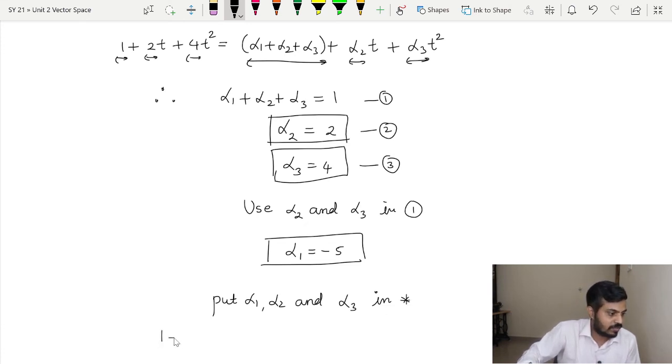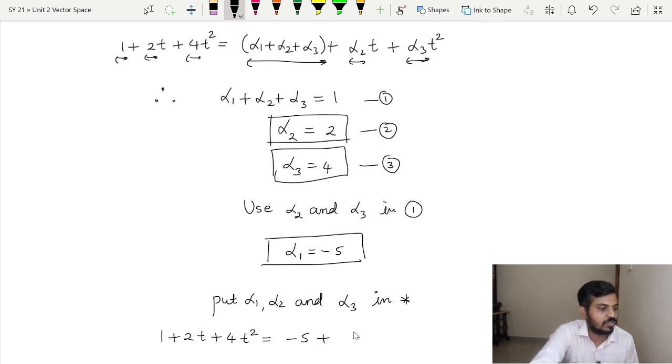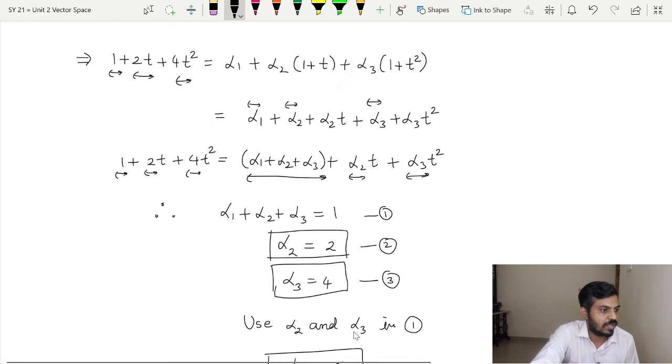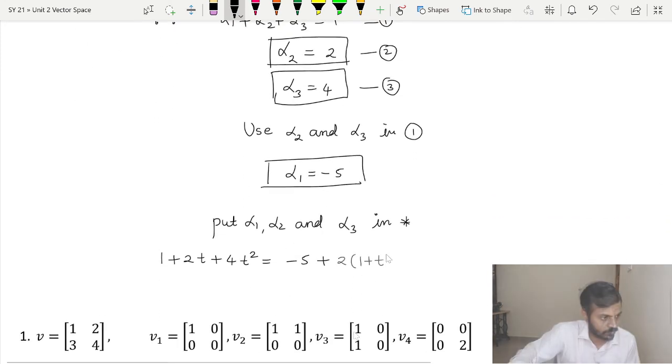So on the left hand side what we are having, 1 plus 2t plus 4t square, which is equal to, value of alpha 1 is minus 5. So minus 5 plus value of alpha 2 is 2. So it will be twice 1 plus t, and it will be plus 4 times 1 plus t square.